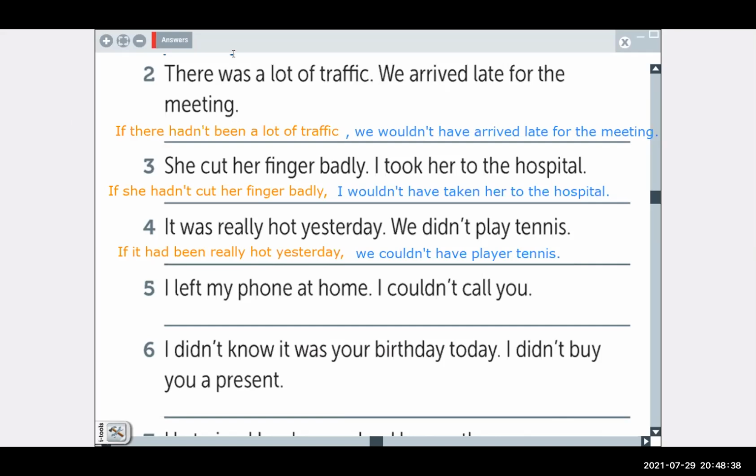Ok, pero el ejercicio dice que debemos poner lo opuesto, ¿cierto? Perdí esa parte entonces. If it hadn't been really hot yesterday, we could have played. Yes, very good. We could have played tennis. Very good. Number 5, anybody else?